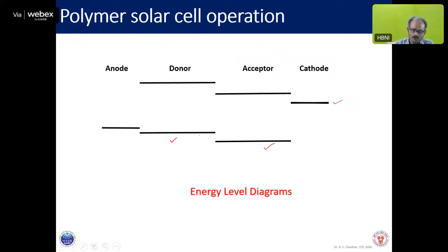Similarly, you have an anode. You have to find the anode material and cathode material whose levels match these levels, so that electrons can flow. Now, this is the case of individual donor, acceptor, and cathode energy levels.